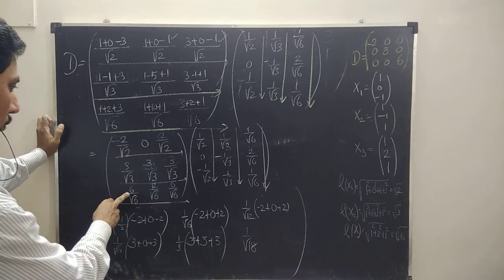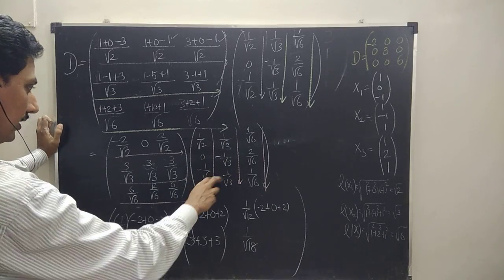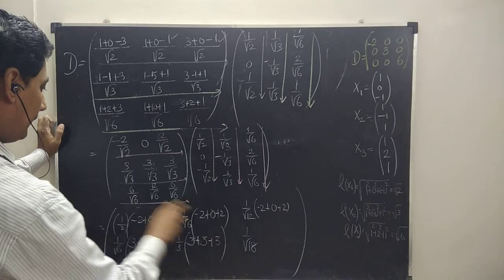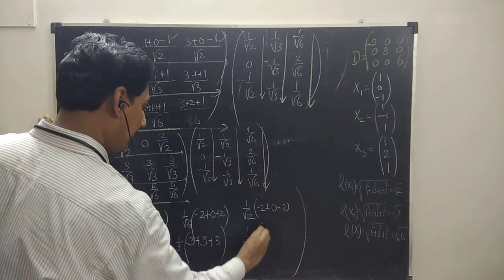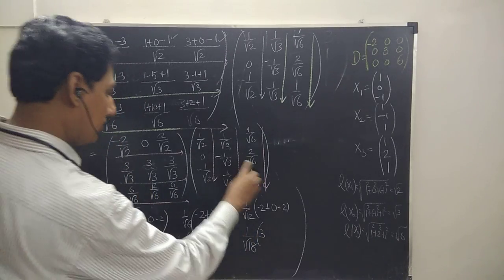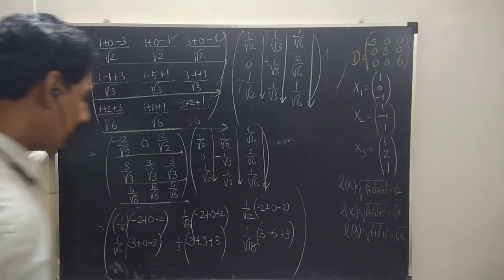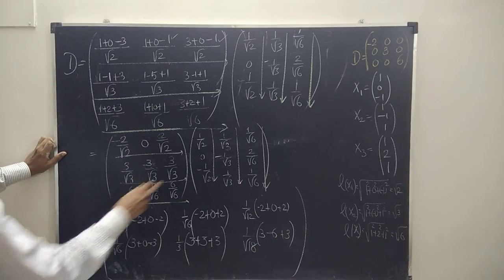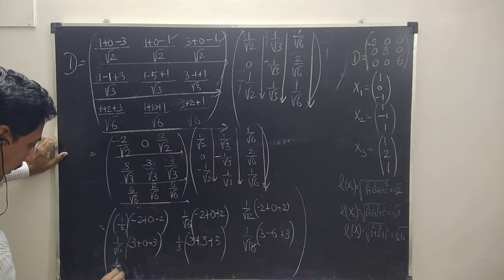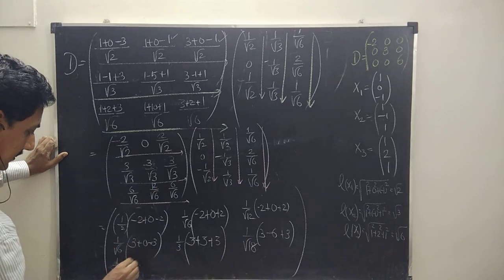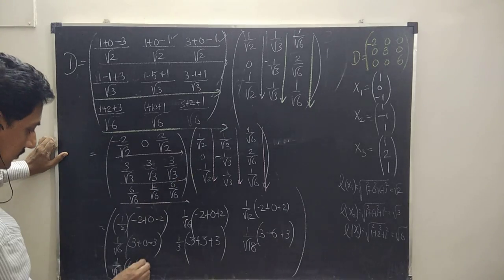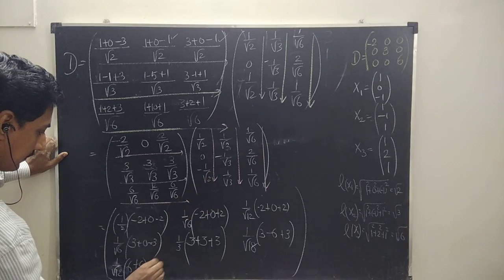Now, 1 by root 3 into 1 by root 3, 1 by root 18, 3 into 1 is 3, minus 3 into 2 is minus 6, 3 into 1 is 3, that's correct. The last row, root 6 into root 2, so 1 by root 12, 6 into 1 is 6 plus 12 into 0 is 0. 6 into minus 1 is minus 6.